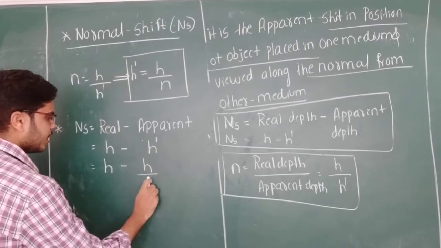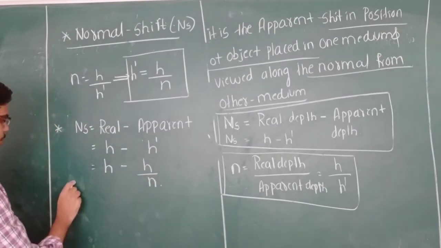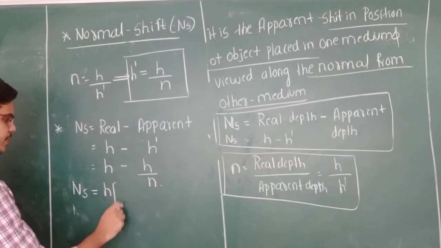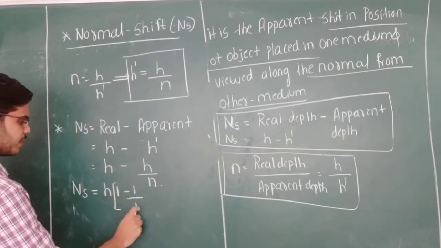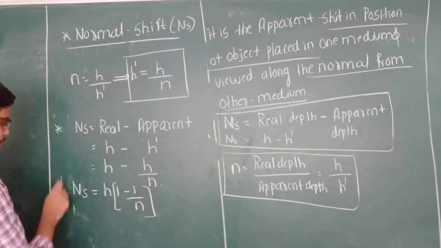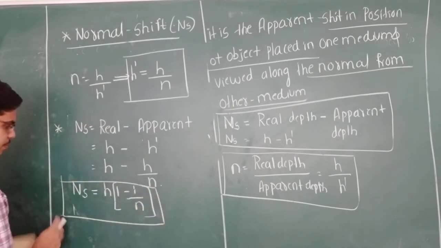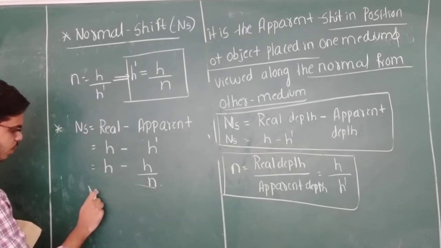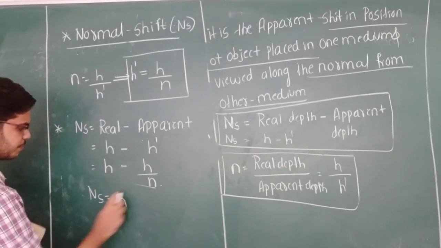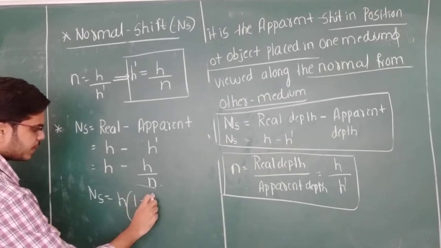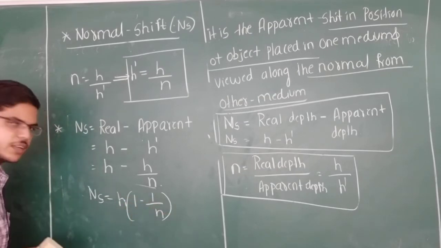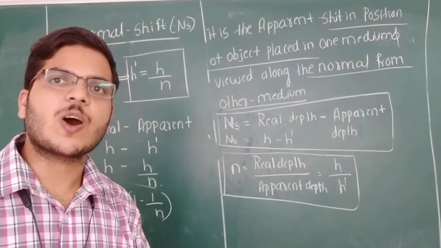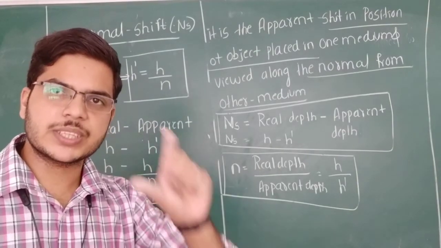By taking H common, we can write normal shift is equal to H inside the bracket, 1 minus 1 divided by N. That is, normal shift is equal to H into (1 minus 1 by N). By using this formula, we can calculate the normal shift obtained by knowing the real depth.